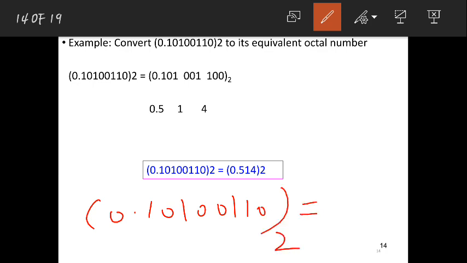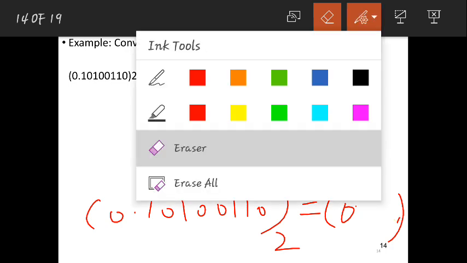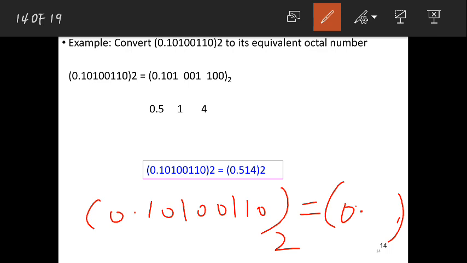This is a binary number, we know, but here 0.514, 514 to the base 8 you need to write. Here he mentioned 2. Okay, this 2 is wrong. Try to correct it. The base should be 8 because we are converting it into an octal number.